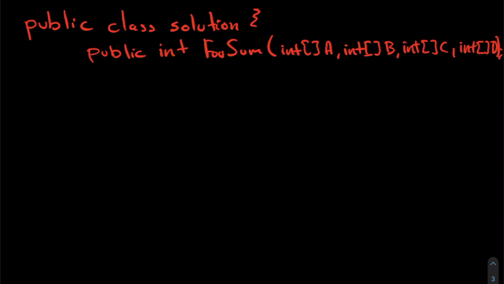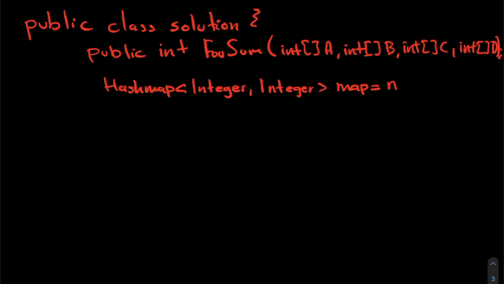So the first thing I want to do is initialize our hash map that we're going to be storing our values into for the first 2 loops. I'm just going to call it map for the simplicity of it.